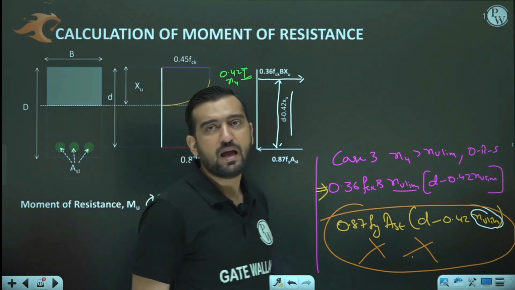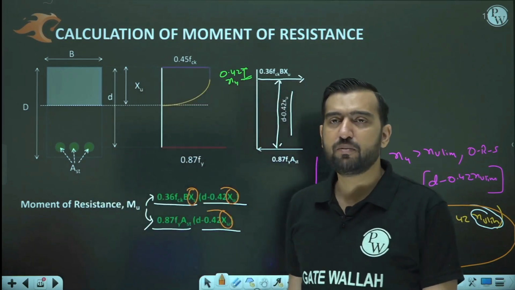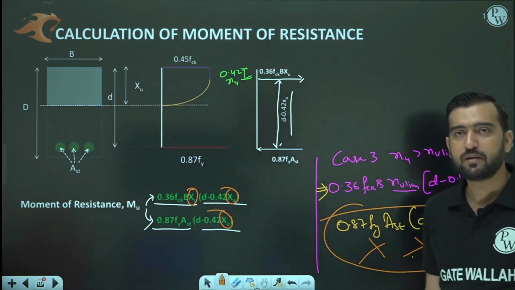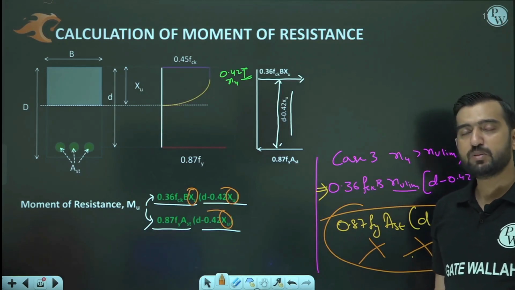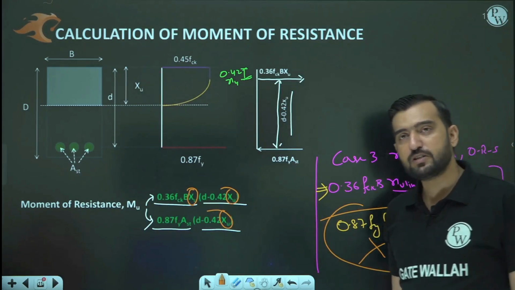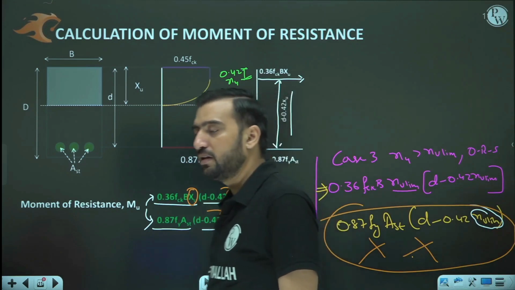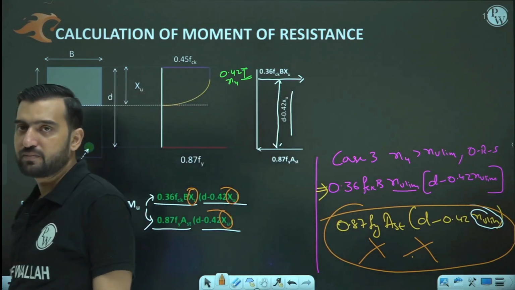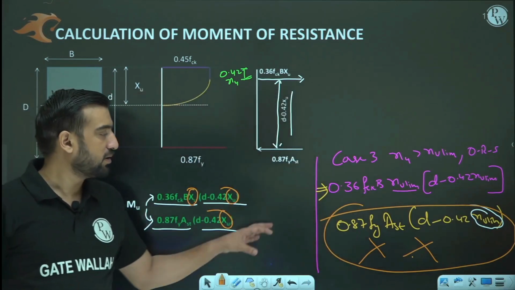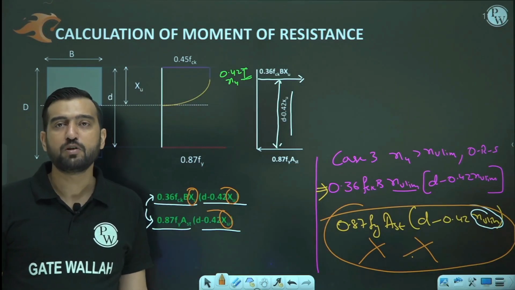Okay, and the compressive side formula is, I think, better because when we watch doubly reinforced as well as flanged sections, there would again be relatively lesser difficulty in calculating moment of resistance.